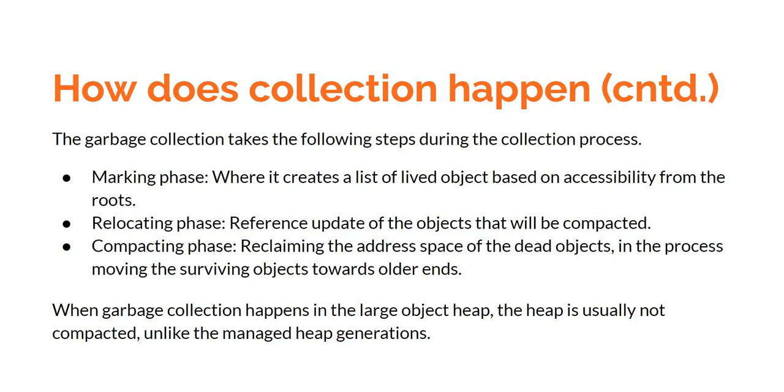Also, keep in mind that garbage collection in a server application works a little bit differently than in a desktop application. Garbage collection in a server application, at least for .NET Core and .NET 5 applications, happens in the background, and it is called background or server garbage collection.